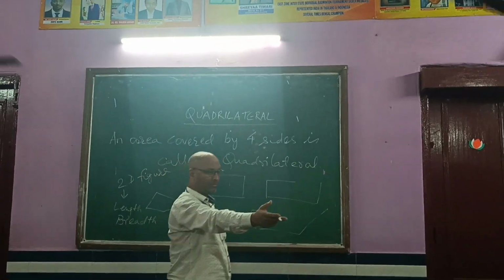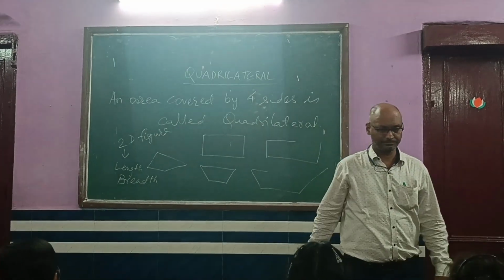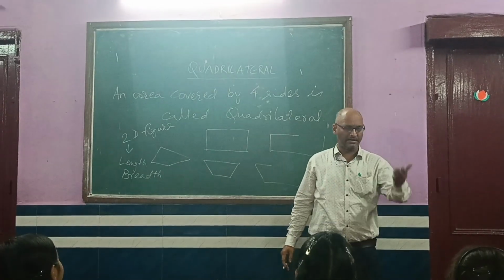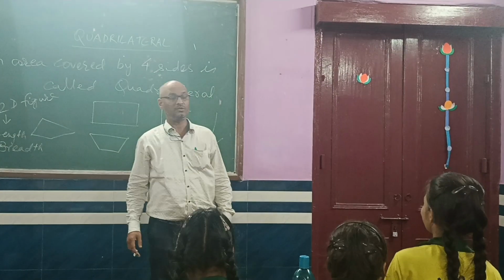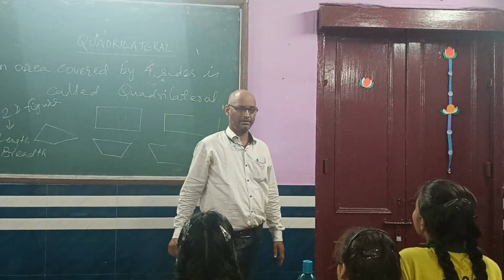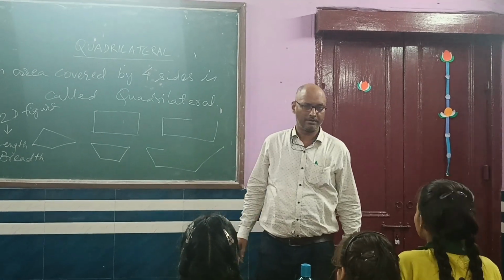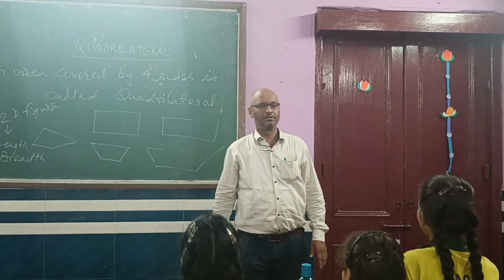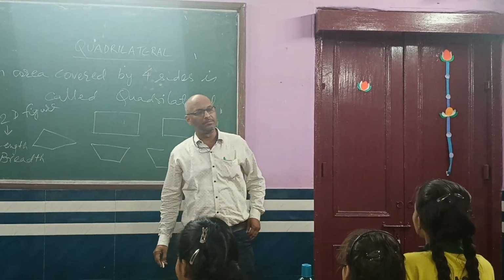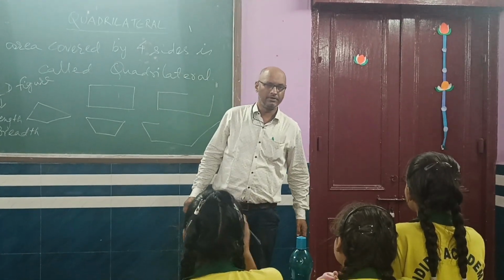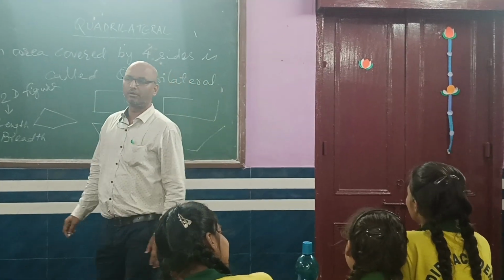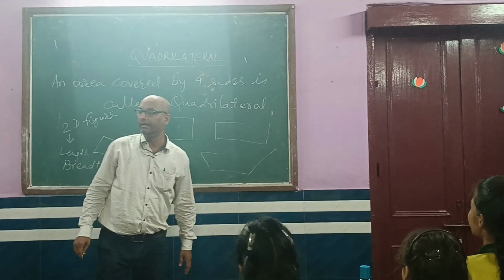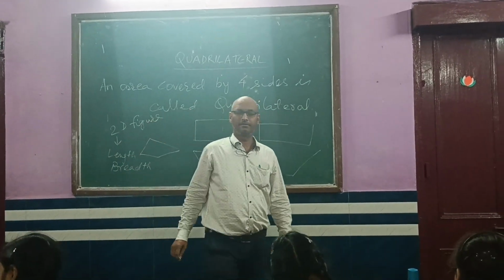Babu, what is quadrilateral? Stand up and say, what is quadrilateral? An area covered by four sides is called a quadrilateral. Panditji, up here.